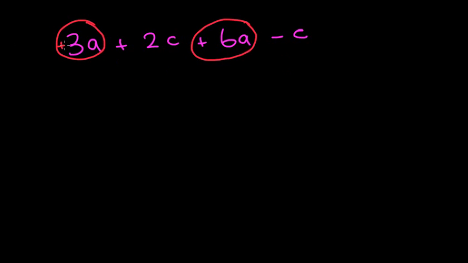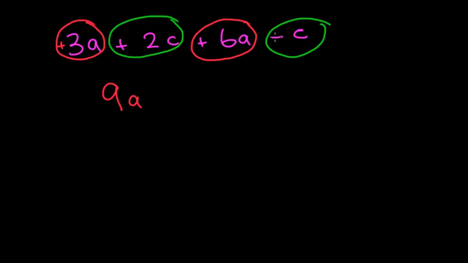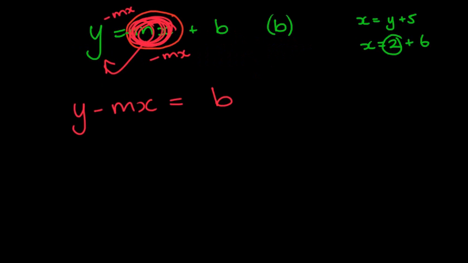Now this is actually a plus 3a, so we've got 3a's and we're plusing 6a's, which makes 9a's. Where this one, we've got 2c's and we're taking away a c, because remember that sign belongs to the c. So 2 take away 1 is simply 1c left over, because I've got 2c's and I'm simply taking one of them away. So that's the idea that the sign in front of it belongs to it.